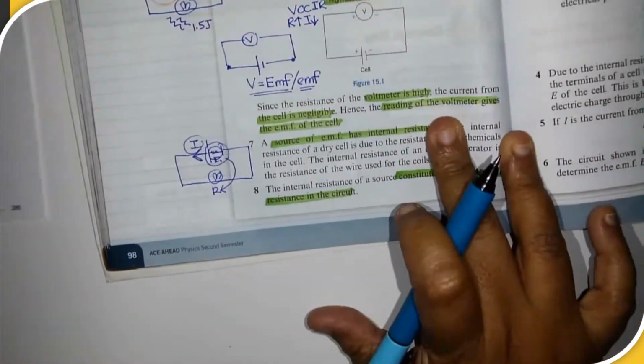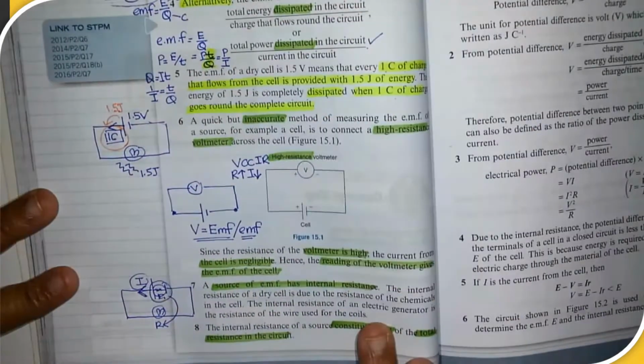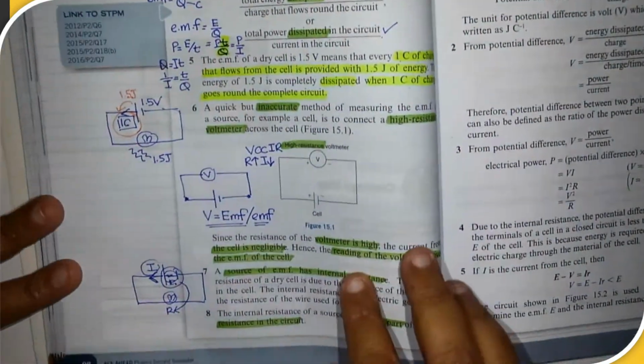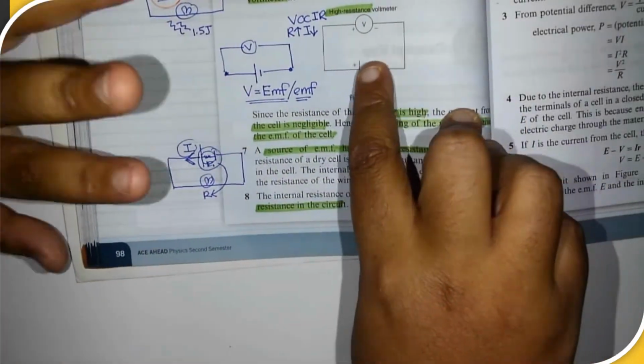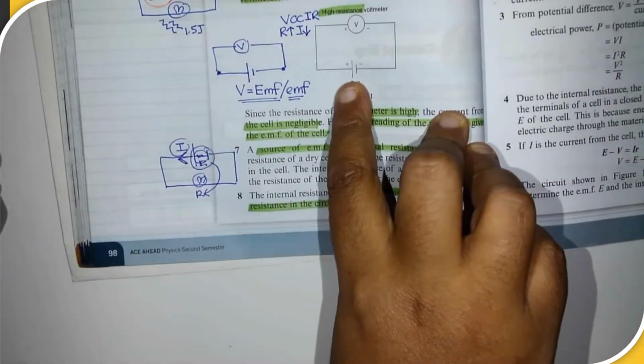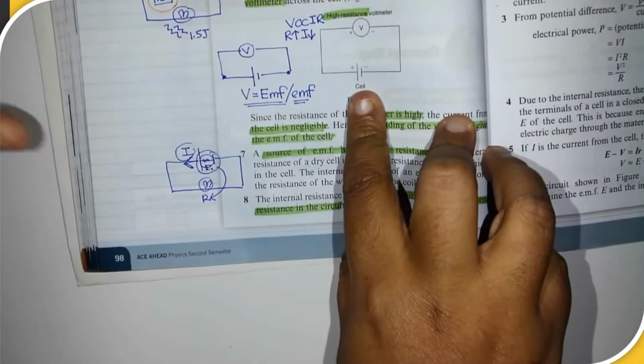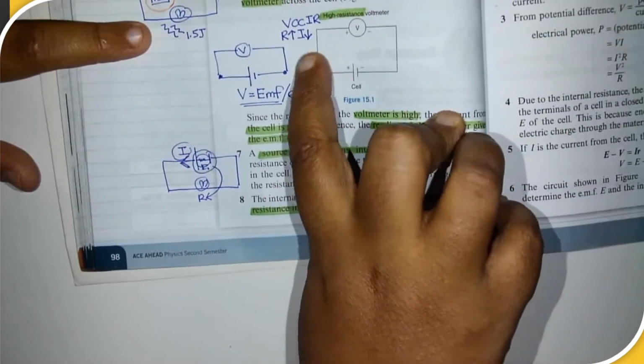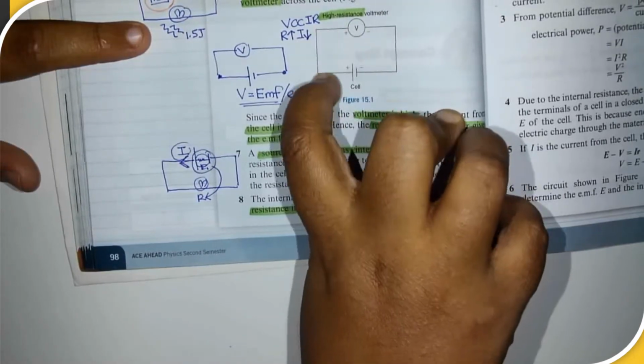Okay, so what is the main important concept in this page, class? We have to know the definition of EMF. And then we have to know that in an open circuit, we have an EMF here. Either in an open circuit like this, with the switch open, or like this, just a single cell connected to a voltmeter.